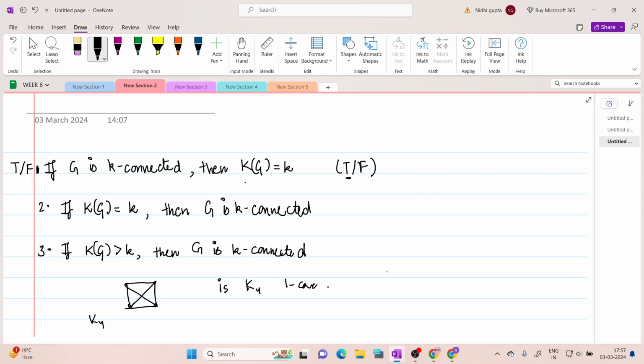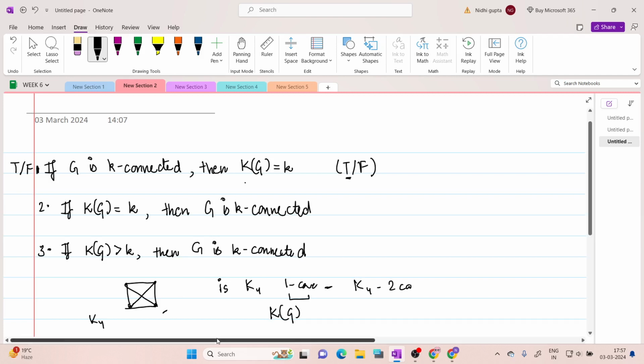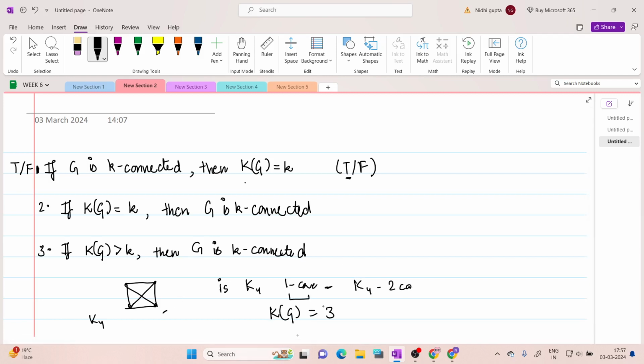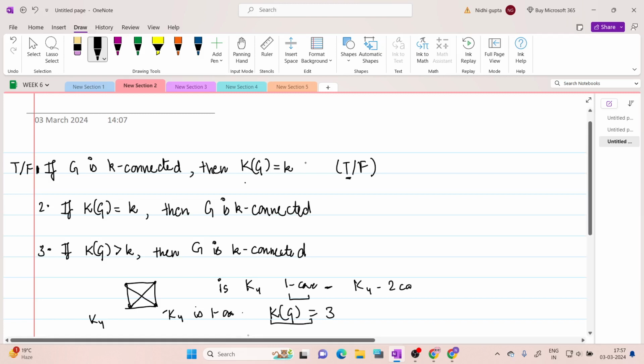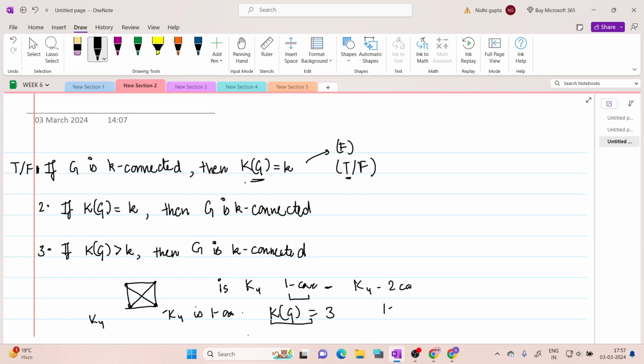Yes. K4 was 1 connected. K4 was also 2 connected. But what was the vertex connectivity for this? It was 3, right? So we see that K4 is 1 connected, but vertex connectivity is 3. Therefore, this statement is false because vertex connectivity is the largest K.